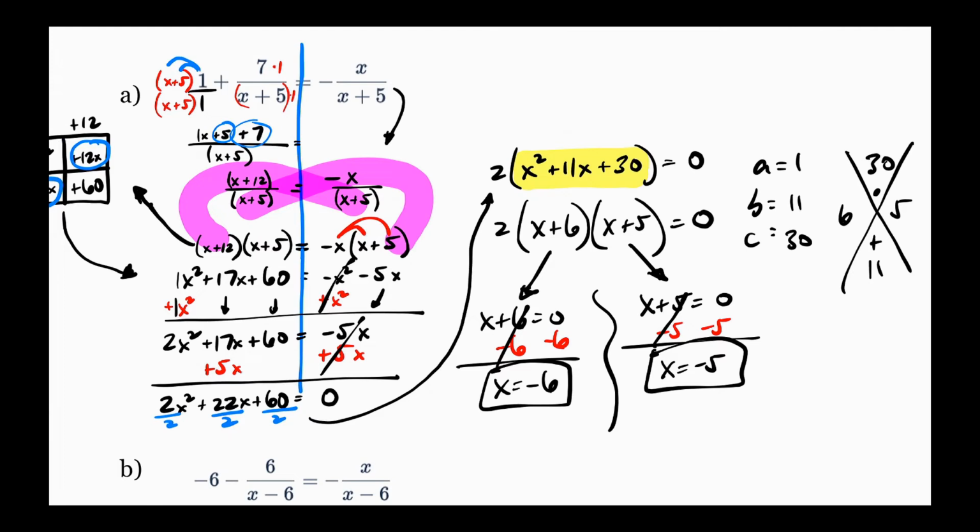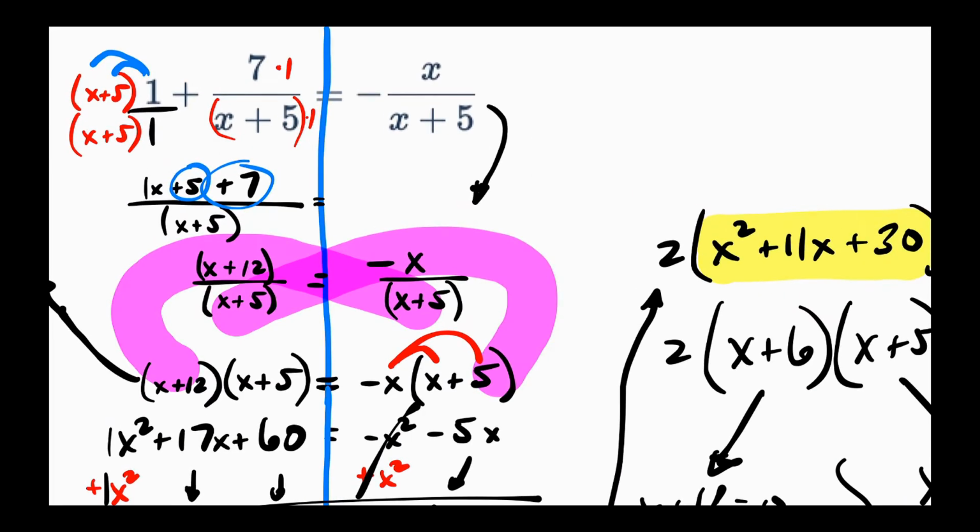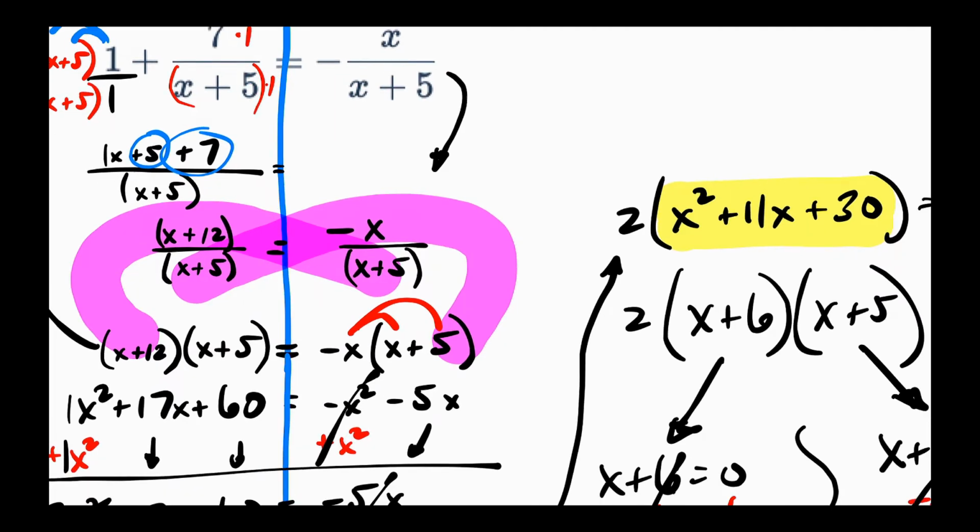Okay, so let's go back. I have 2 answers. Or do I have 2 answers? Is one of them extraneous? Yes. If I plug in a -5 here, -5 plus 5 would make a 0 on the bottom. Same thing here, right? It would make a 0 on the bottom. I can't have a 0 on the bottom of a fraction.